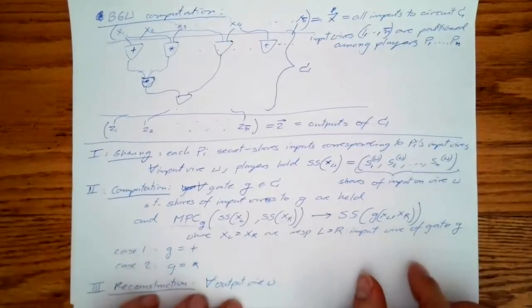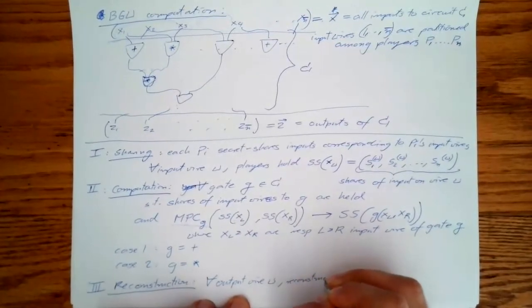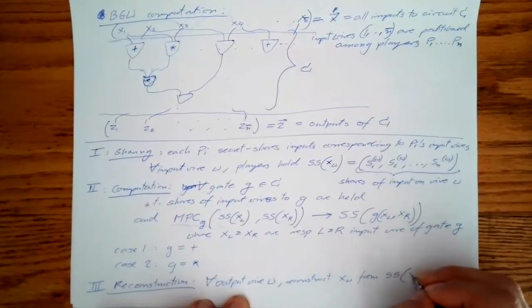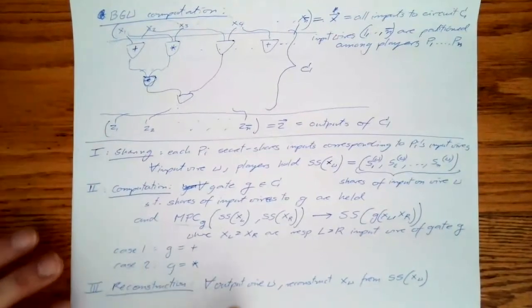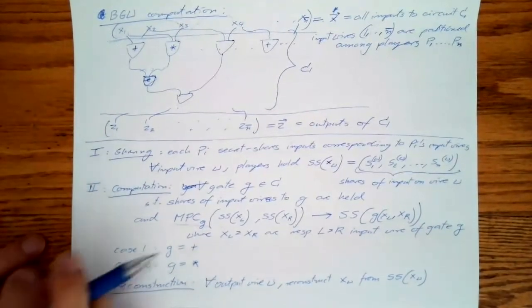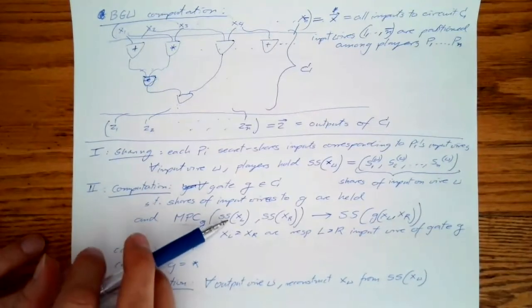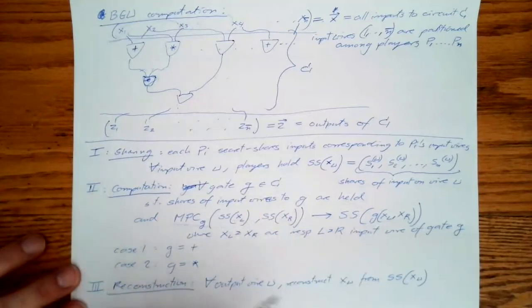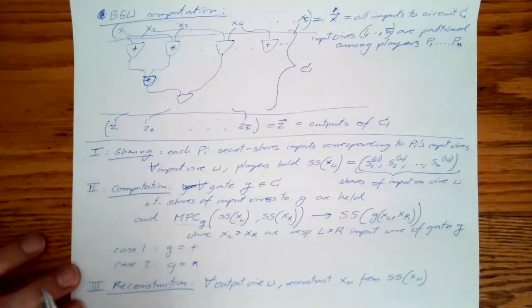For every output wire W, reconstruct XW from its secret sharing, right? And if we have the protocol for each of these gates, which goes from Shamir secret sharing of inputs to Shamir secret sharing of outputs, then the final shares on the output wires are also Shamir secret sharings, so we can reconstruct them.